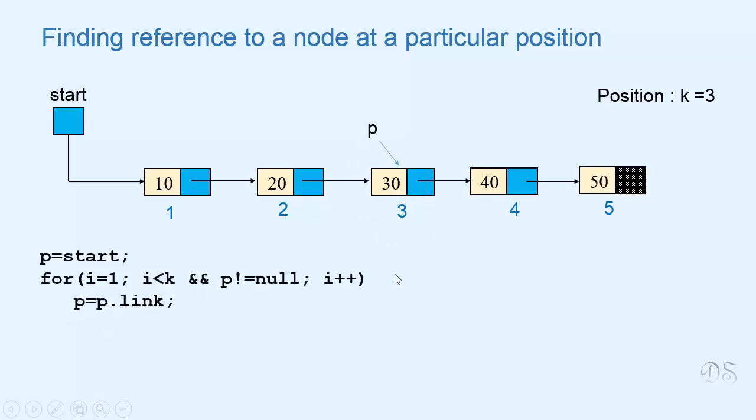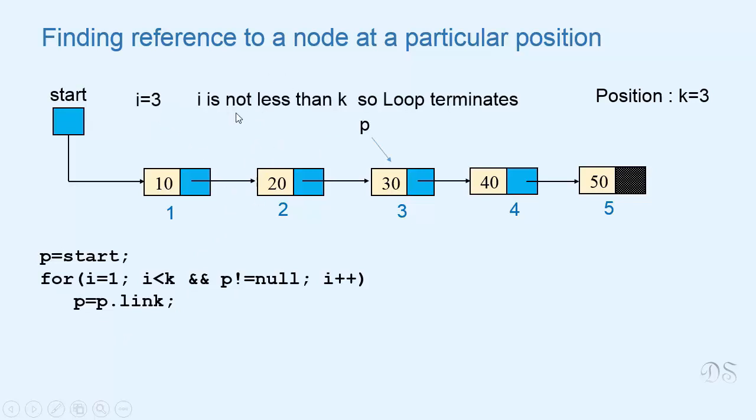This is the code that will give us reference to the kth node of the list. Let's see how this code works. Initially p refers to the first node and i is equal to 1. Now i is less than k and p is not equal to null, so p is moved forward and i is incremented. Now again i is less than k and p is not equal to null, so p is moved forward and i is incremented.